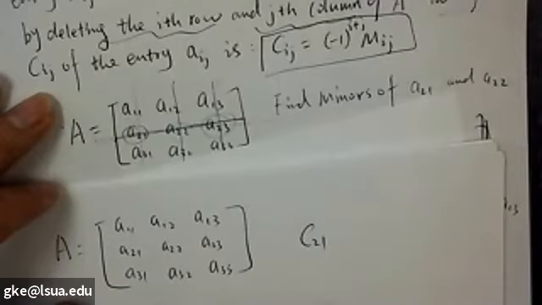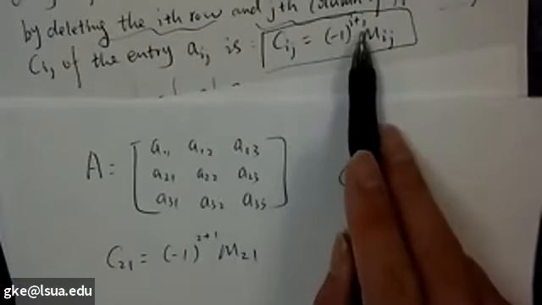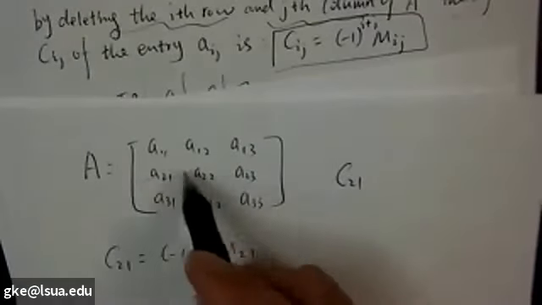C21 can be written down as (-1), where i is 2 and j is 1, times M21. Right, based on the definition, (-1) to the power i plus j, so 2 plus 1, times M21. And M21 is the minor, so it's a minus.